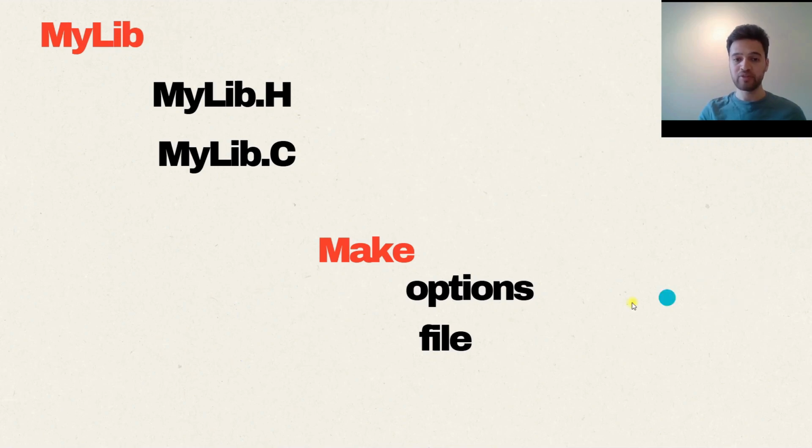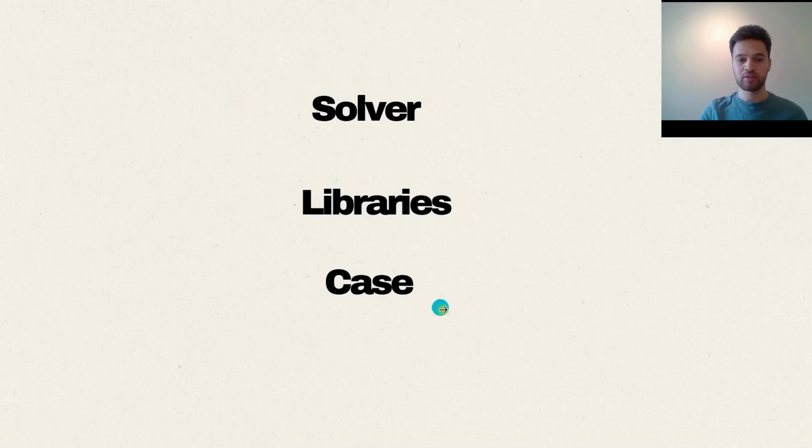So we define them in options. Then in the files file, we write the name of the library that we are going to compile, and at the same time the name that we are going to use later to make it recognizable to OpenFOAM and in our case in the tutorial.